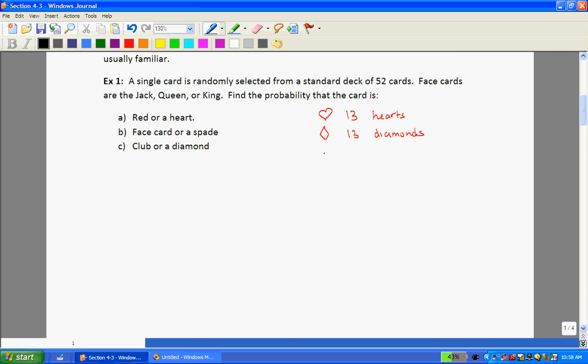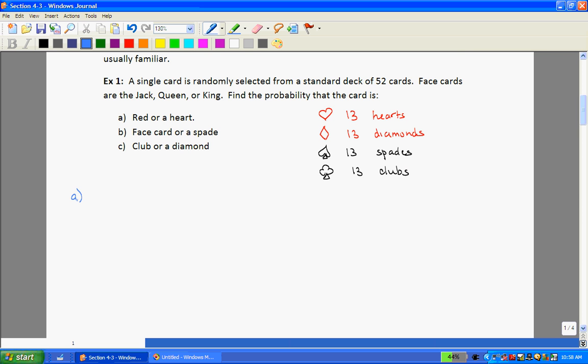And then we have 13 spades and 13 clubs. Okay, so just a reminder if you don't play with the deck of cards very often.